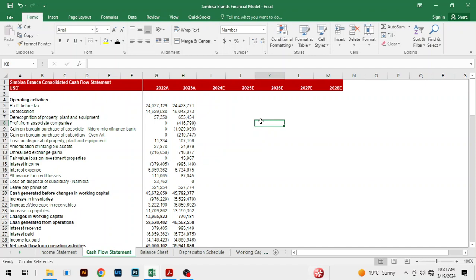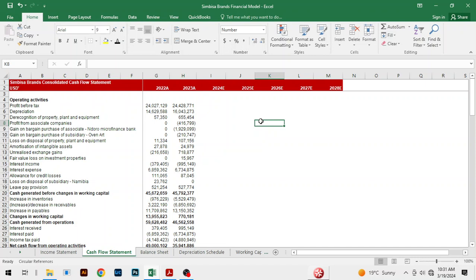We take profit; in some jurisdictions, like in the US, it's written as profit before tax, or you may see net income written, and then we add back depreciation and other non-cash items.